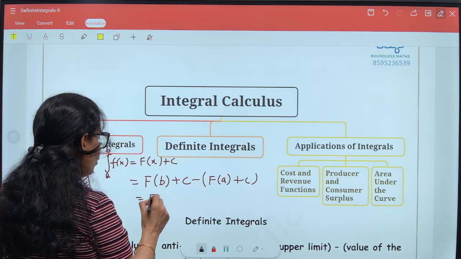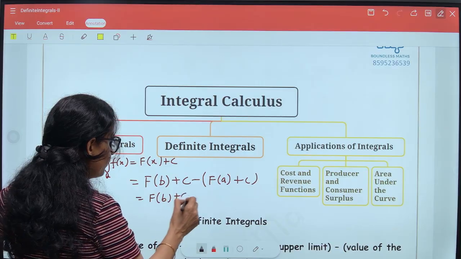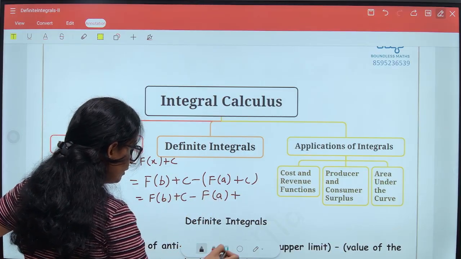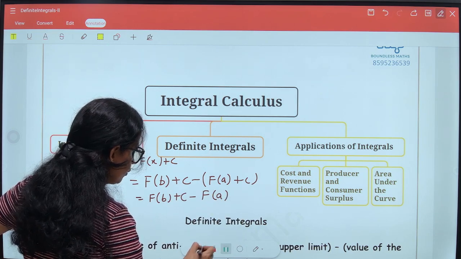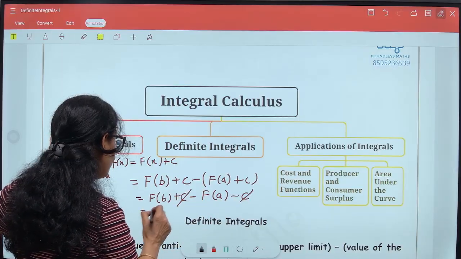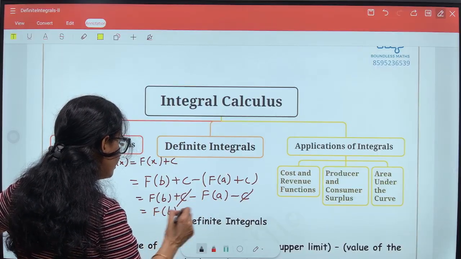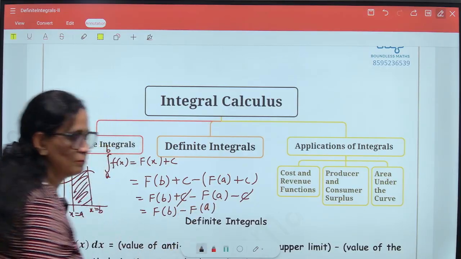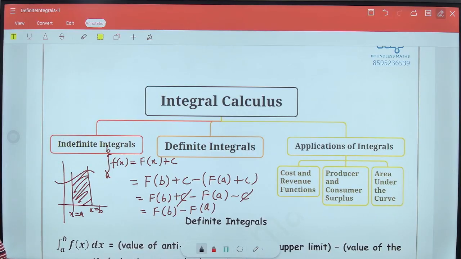And now if I open the brackets, we can cancel this constant of integration. So this c and c get cancelled. Eventually we get the difference between the integrated function at the upper limit and at the lower limit. So this is called definite integrals.